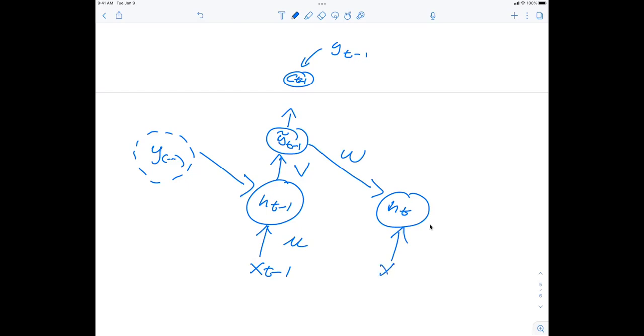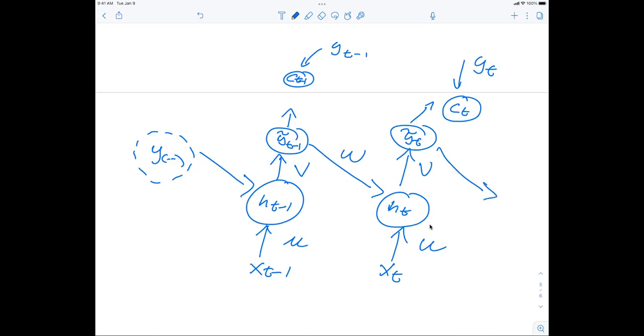This receives an input x of t here, and I have a U here, and this produces an output y tilde of t, and this is fed into the cost function c of t, and that receives an input y of t to which we compare the results. And this proceeds again to the next hidden layer, and this just continues all the way here. I'm just putting up arrows like this.